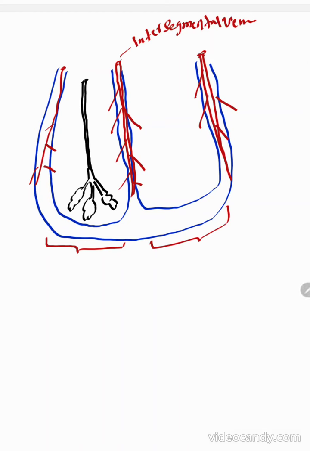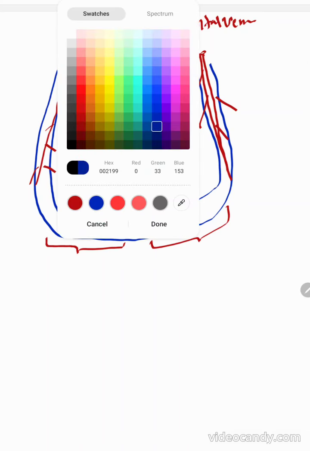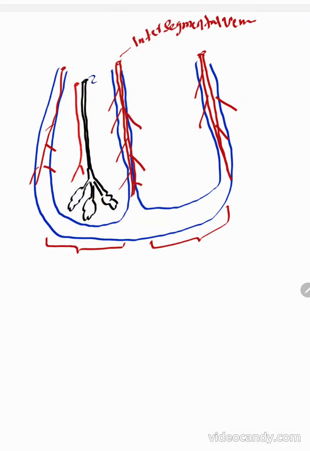We have a bronchial artery here. This is a bronchial artery. Then you get, this is a bronchial vein, and there is a bronchial artery. This is a bronchial artery. This is a bronchial vein. This is a bronchial artery. This is a bronchus. Okay.